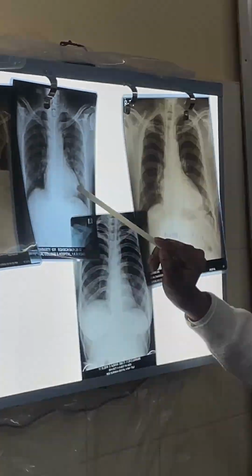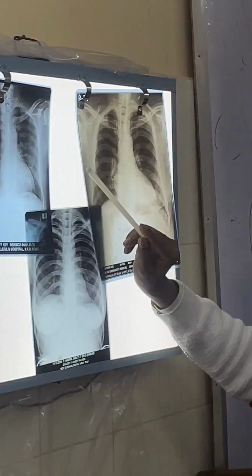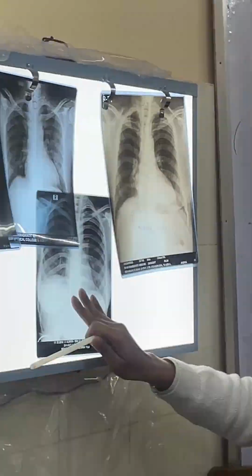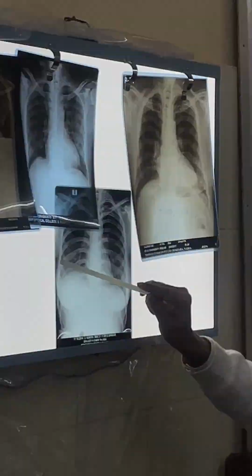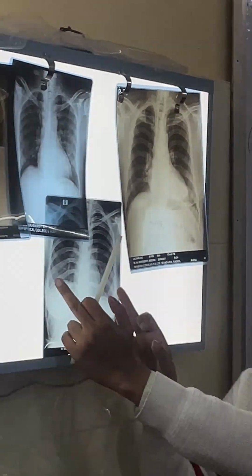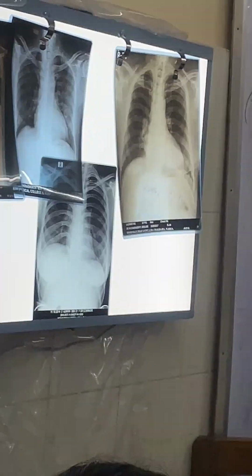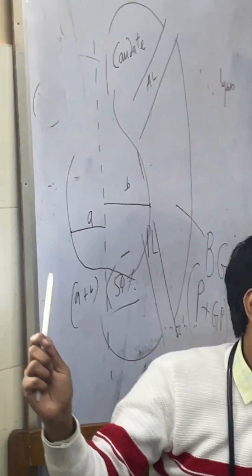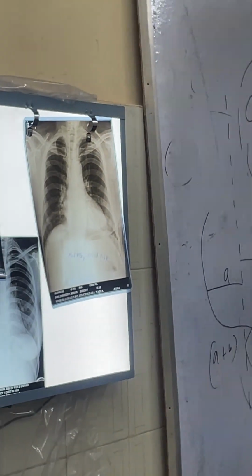By looking at this diameter, and also this diameter, it is half of the thorax, so it is normal. But in this part, by looking, mild cardiomegaly is present.